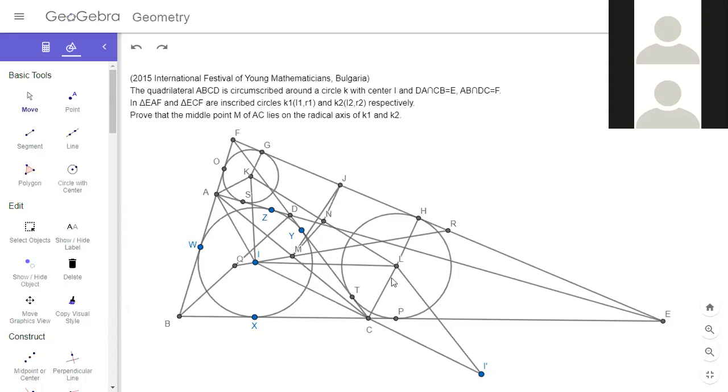Or we could try to show that MK squared minus JK squared is ML squared minus JL squared. Yeah, that might work. Let me try that. I think I have an idea here.